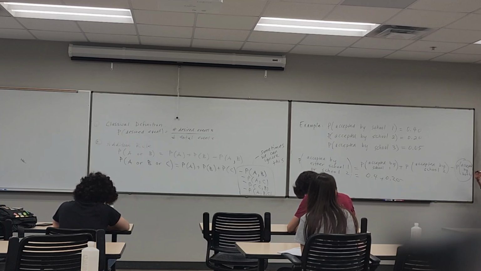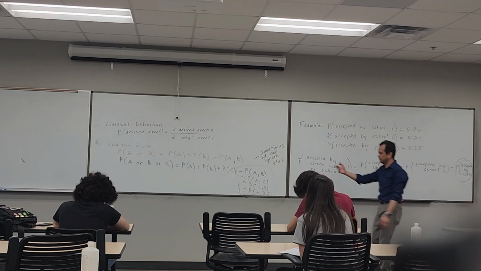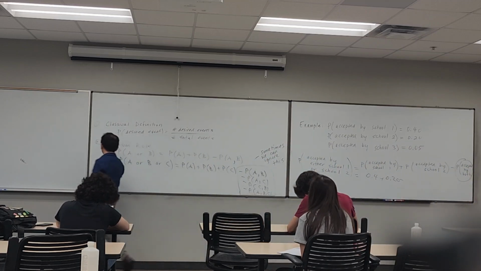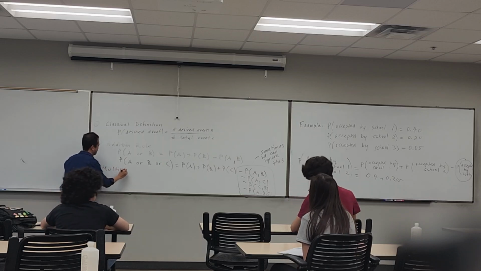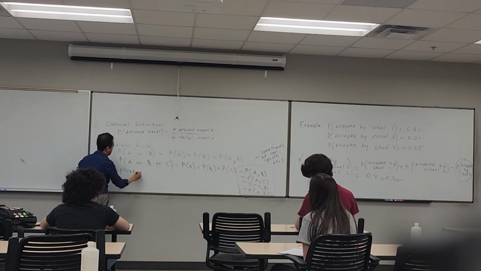So now we have a probability with events joined by and. That actually is reviewing the third rule, the multiplication rule. 0.08.